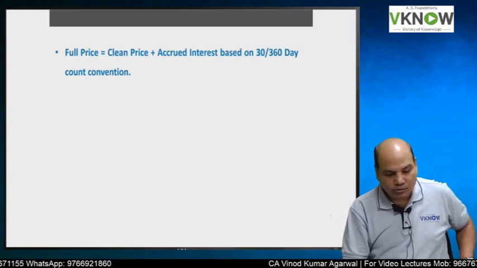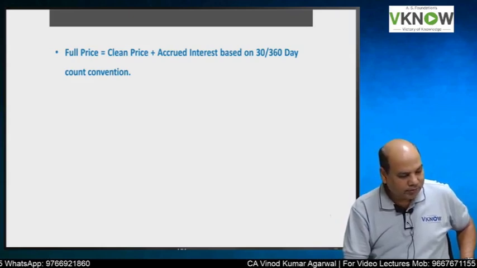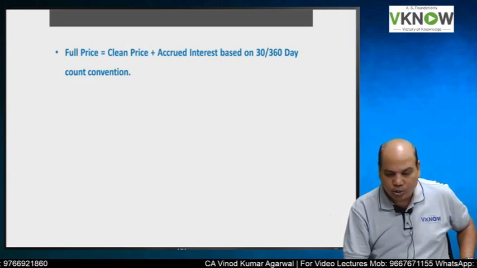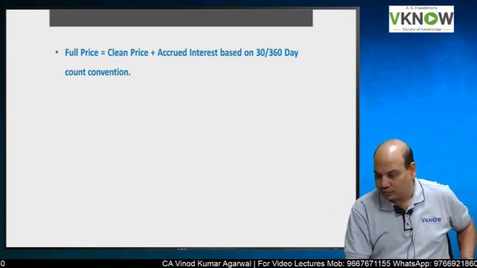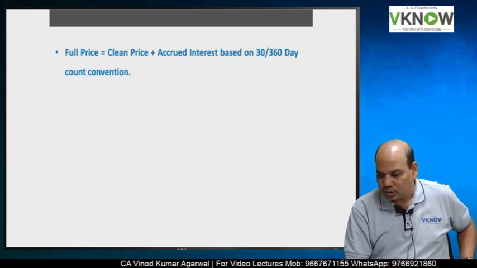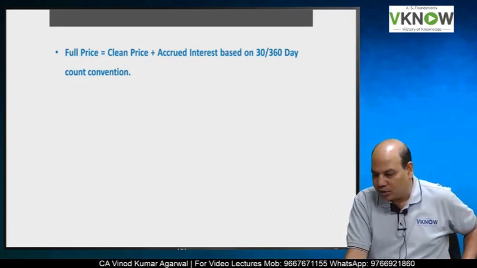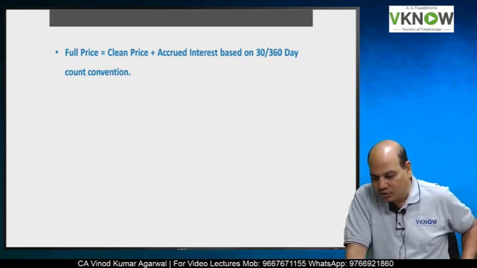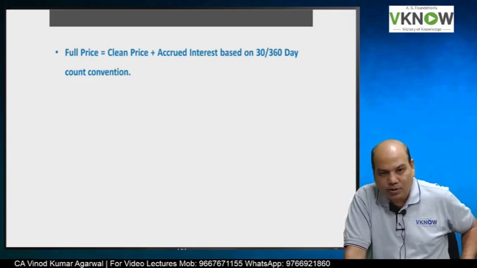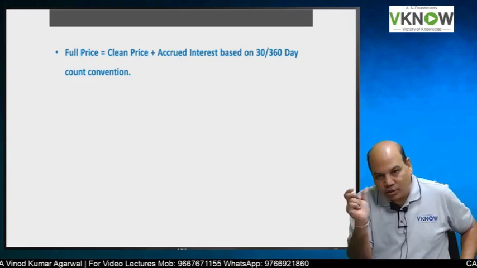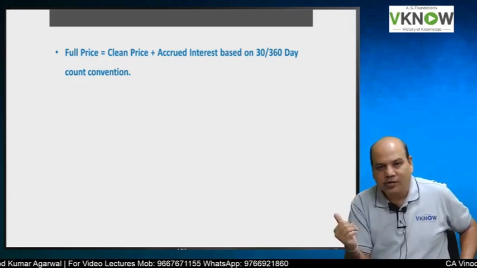Full price is equal to clean price plus accrued interest based on 30 by 360 day count convention. 30 means number of days in a month and 360 means number of days in a year. So if it's a 6 months problem, we will take 6 into 30, 180 days, and divide by 360.